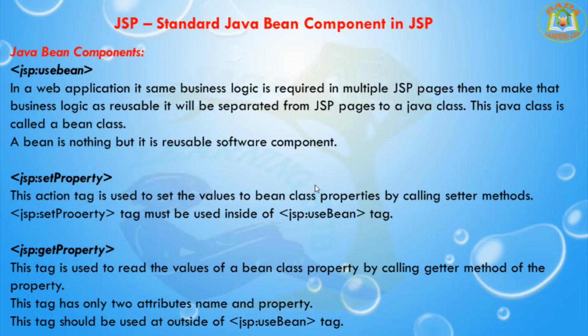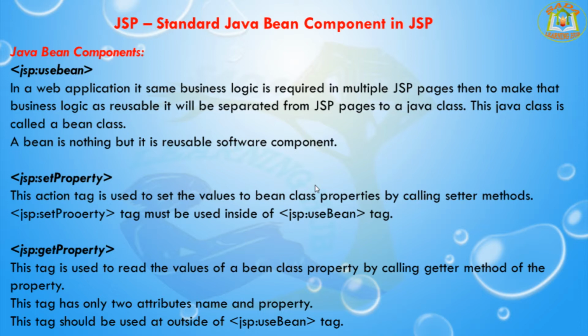Then only is it possible to set the values into your Java Bean in the JSP pages. But here the setProperty must be put inside the jsp:useBean tag. It's not possible to put it outside of jsp:useBean.